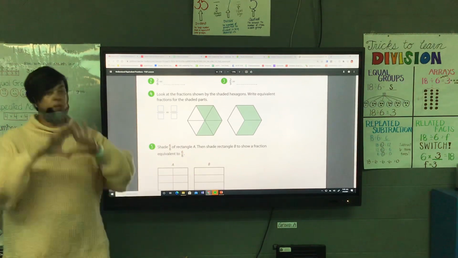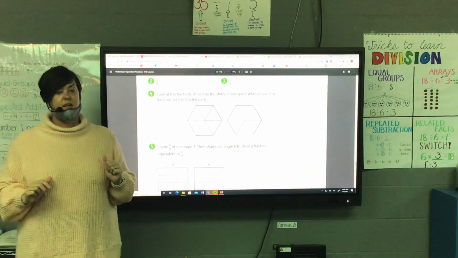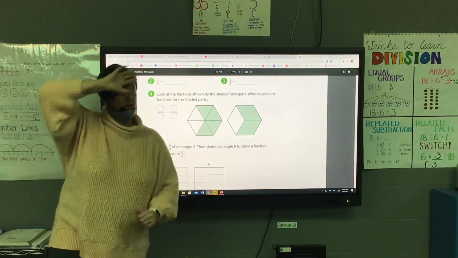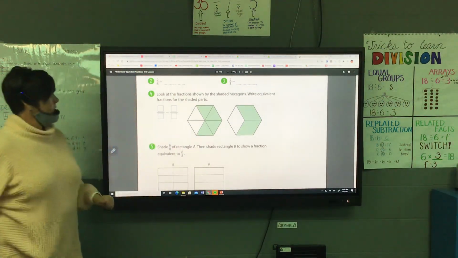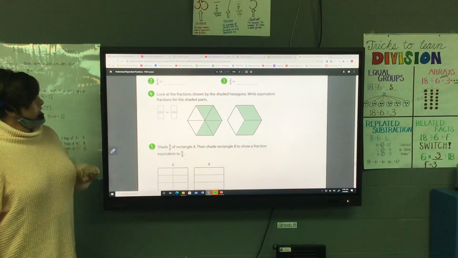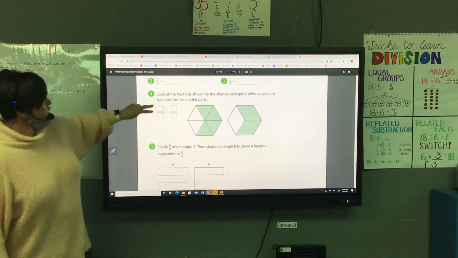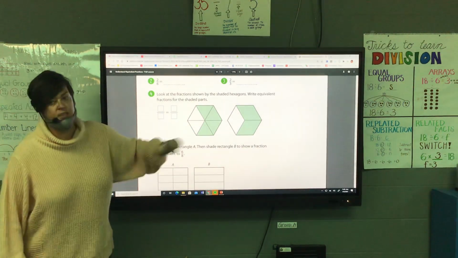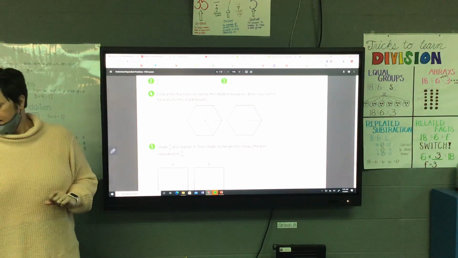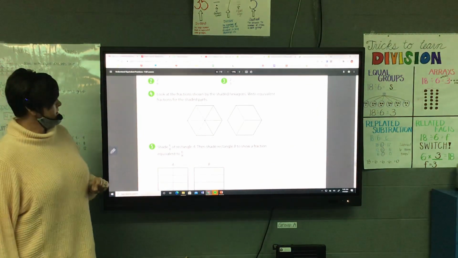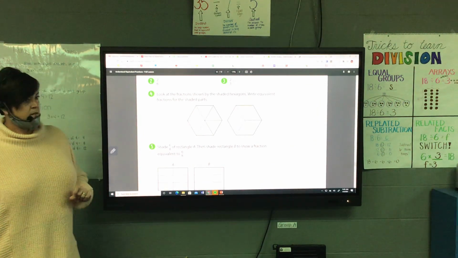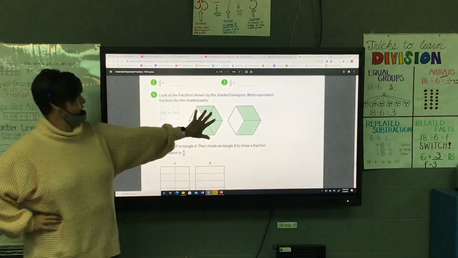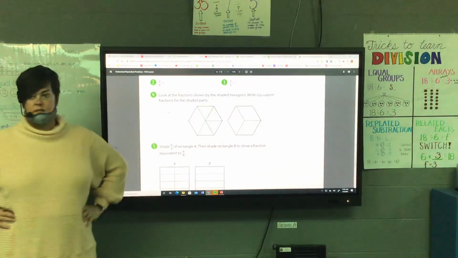How many parts in the whole thing? 6. Is that our numerator or our denominator? Denominator. Okay. Now, how many parts of that one are shaded? Create that fraction over here on the left to go with this hexagon. Hands on your hips when you have that fraction created for this hexagon.